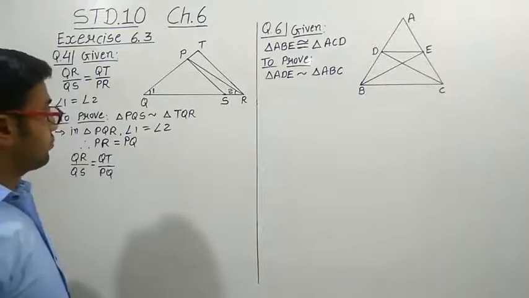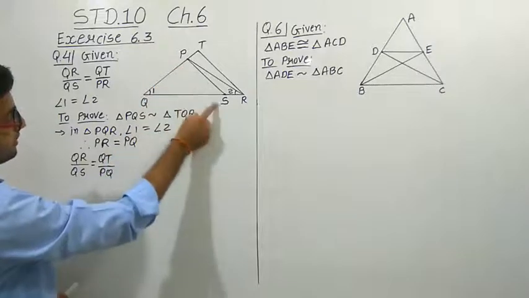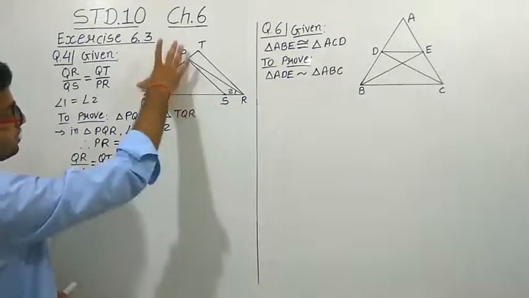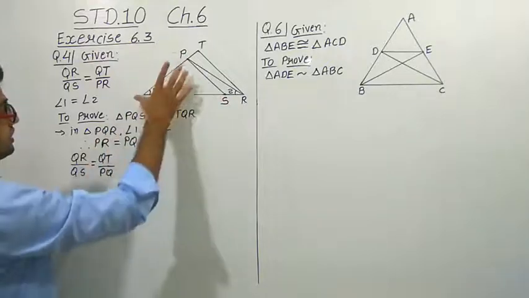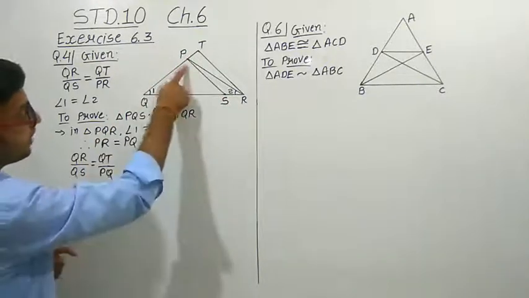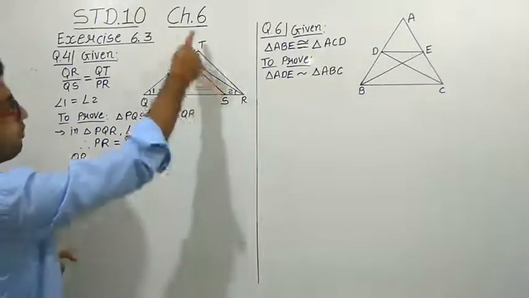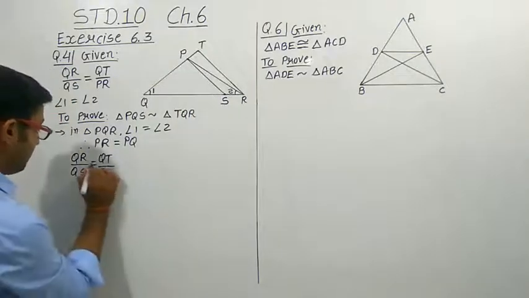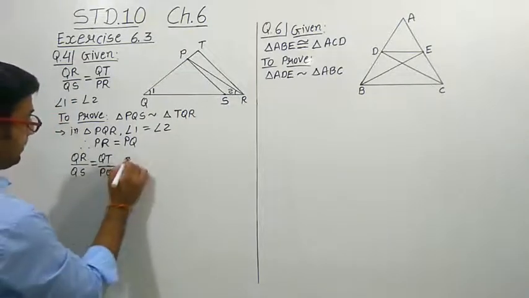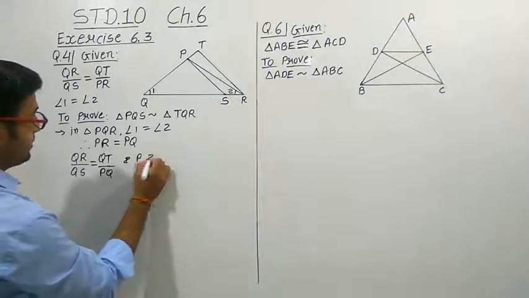In theorem number 6.2, if a line divides two sides of a triangle in the same ratio, then we can say that the line joining these two points, here it is PS, will be parallel to TR.